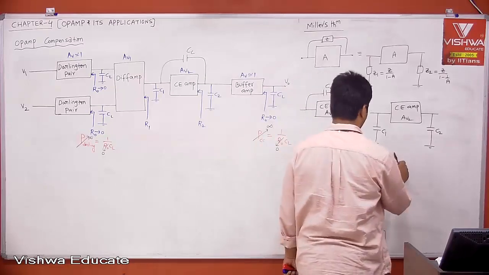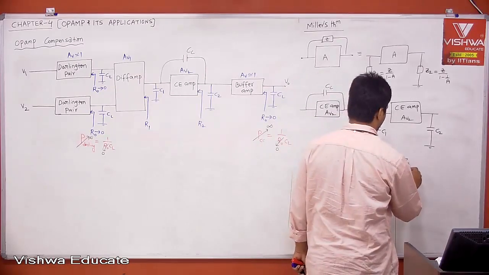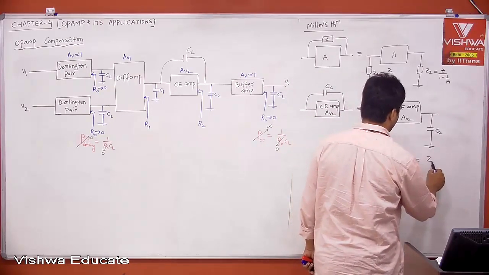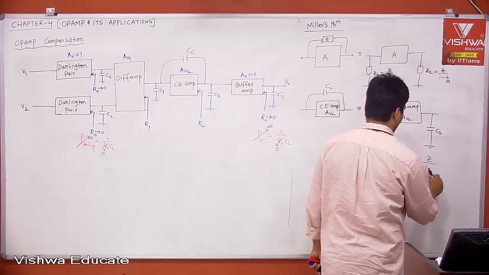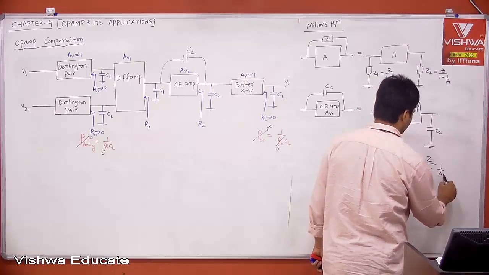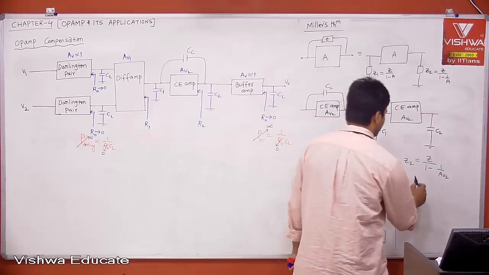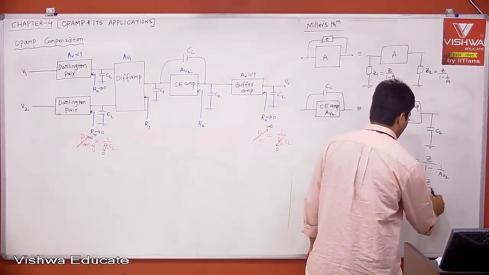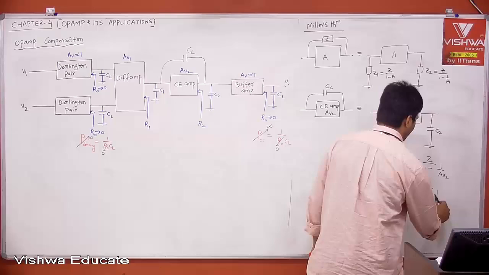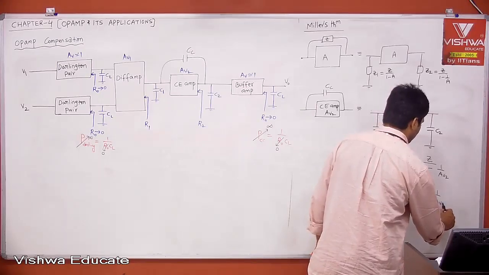Similarly, Z2 is equal to Z divided by 1 minus 1 by AV2. This is nothing but Z divided by 1 plus 1 by mod AV2.